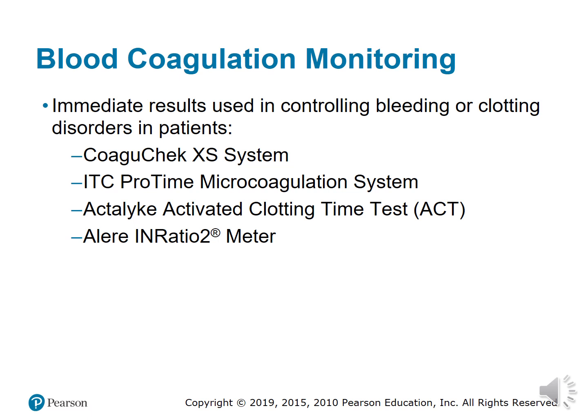That means their blood is too thin. So there are different meters to check a rapid response versus us doing a venipuncture, which, like I said, takes hours versus minutes. So these are the different systems that some hospitals may have.